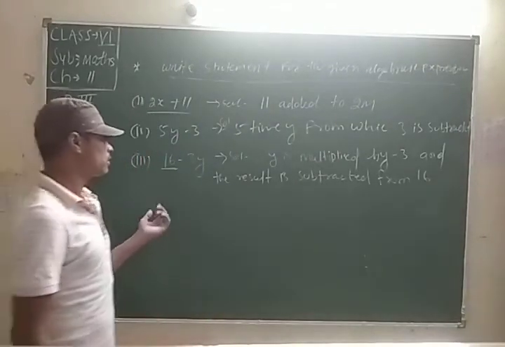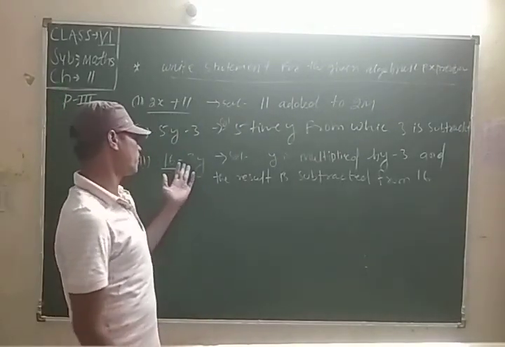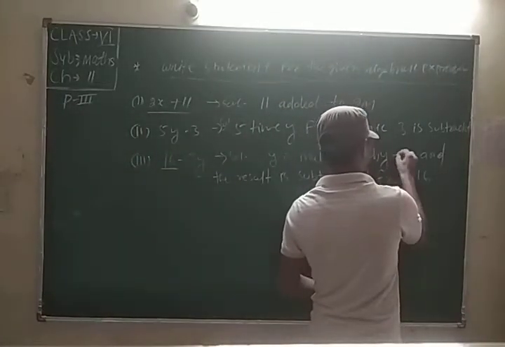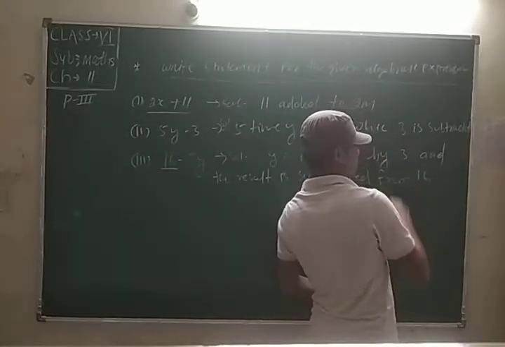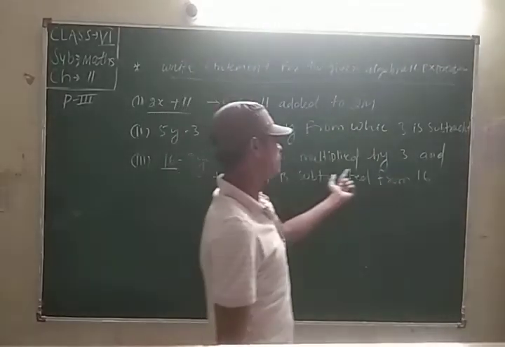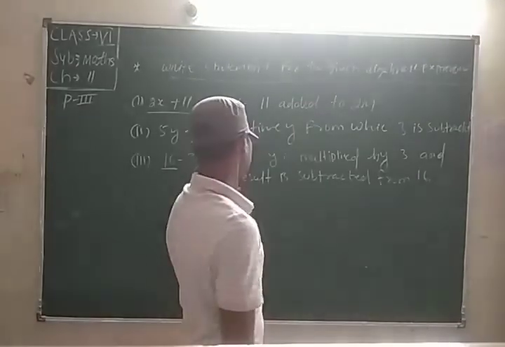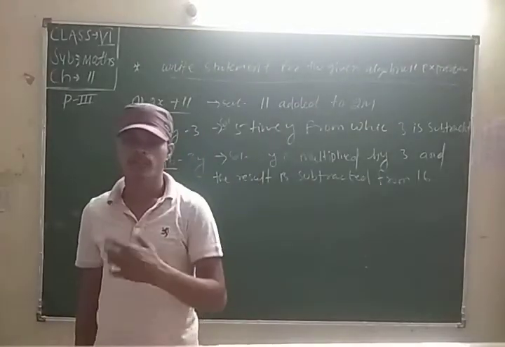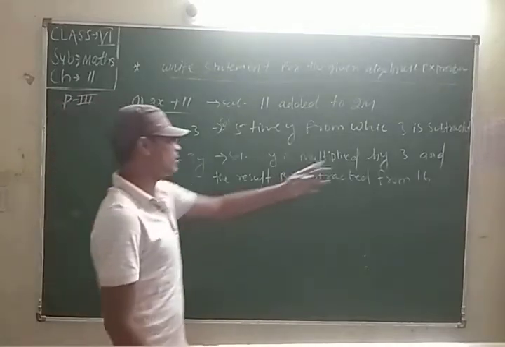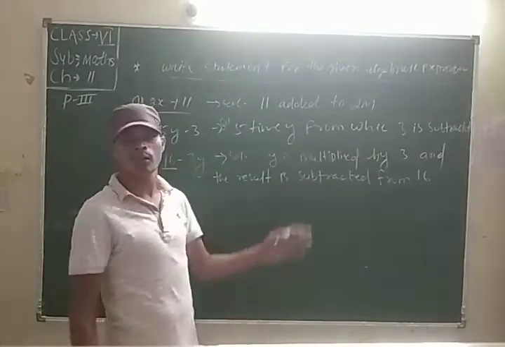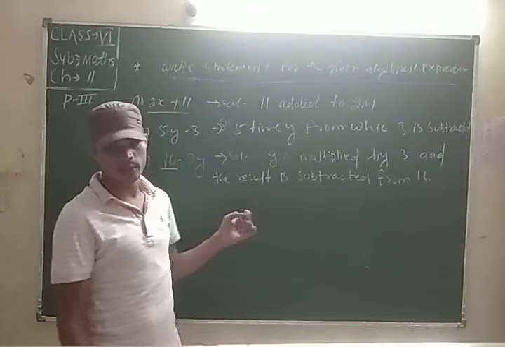That means y is multiplied by 3 and the result is subtracted from 16. If we write here minus 3, then we add, and minus into minus is always plus, that's why we can write it.